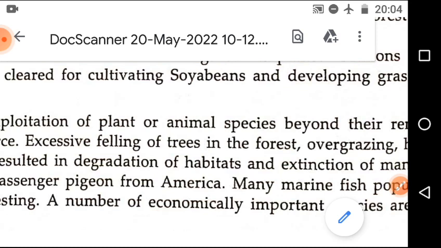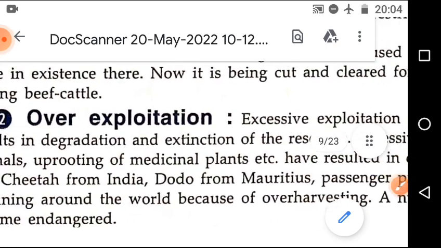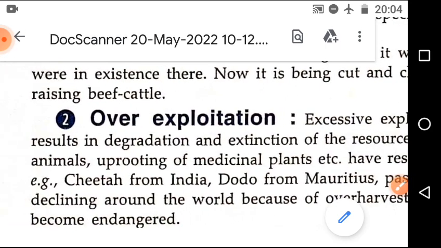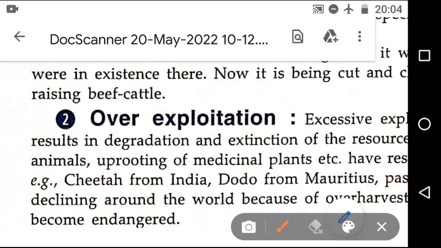Now, extinct means it will never come back again in this world, you can never see it. There are many animals which are getting extinct, like the cheetah from India. Yes, there used to be cheetahs in India, but now it is extinct. The dodo from Mauritius. The dodo is a big, flightless bird. You can see the dodo in pictures on the internet.